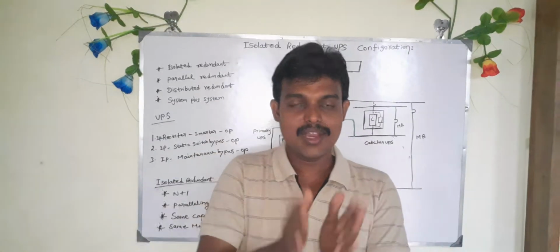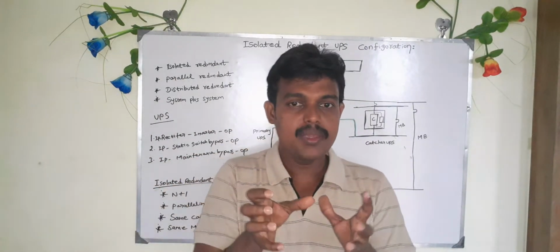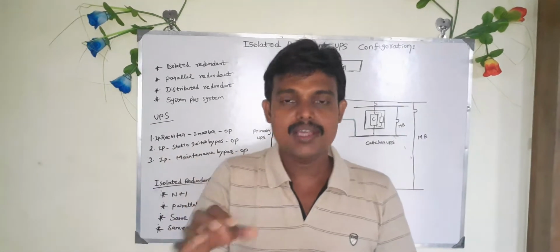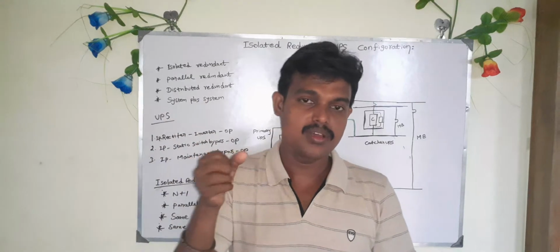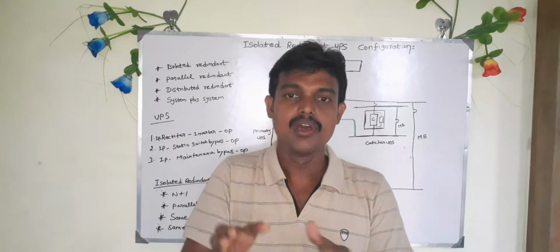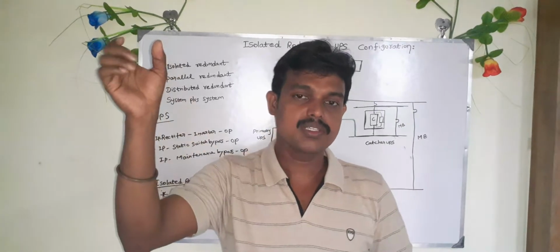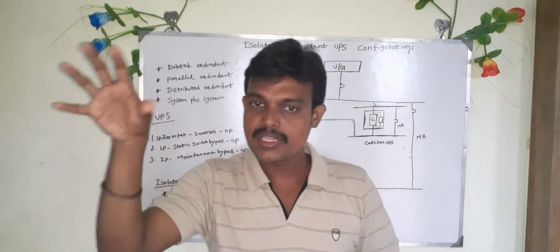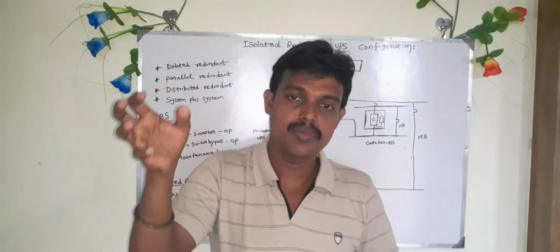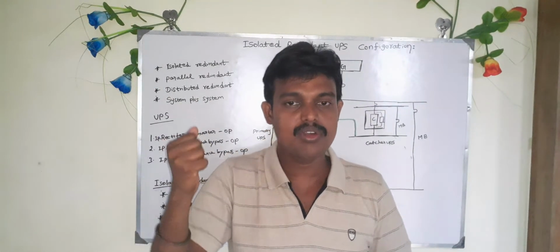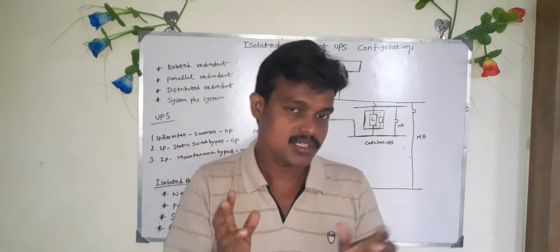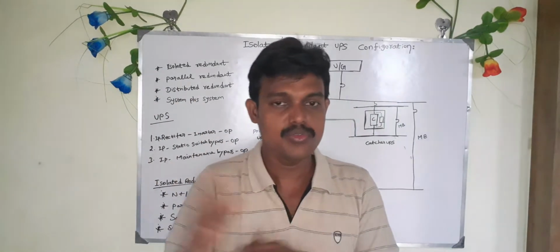Whereas in a modular UPS, there are small rectifier and inverter modules, that is, power modules. For example, if your UPS capacity is 100 kVA, there may be four 25 kilowatt modules, or two 50 kilowatt power modules. It is based on your manufacturer and your selection.